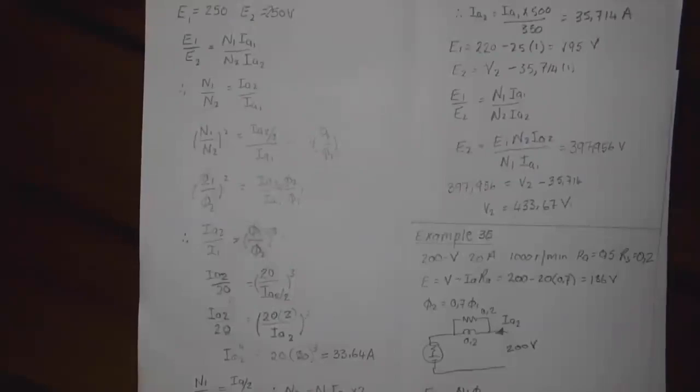And then flux 1 is directly proportional to IA1, so therefore that's 20 amps. So IA2 over 20 is 20 over IA2, half of that cubed. And if we substitute that into our equation and simplify, we find that IA2 is 33.64 amps.